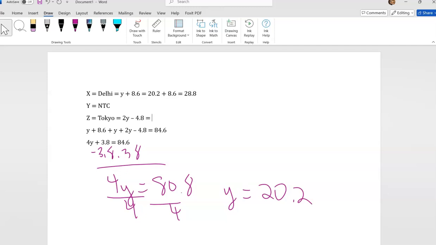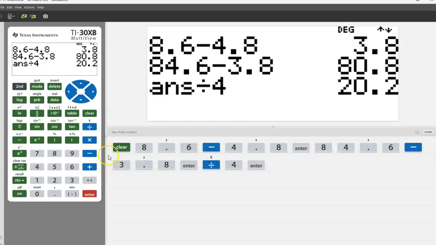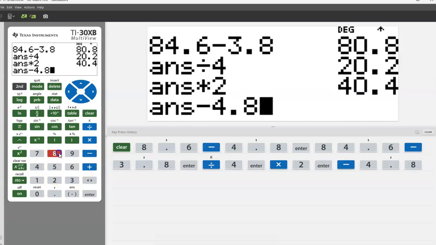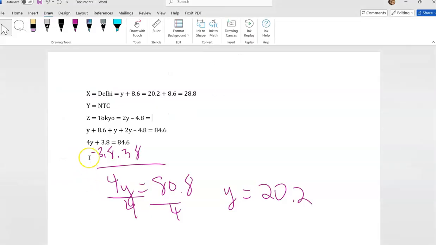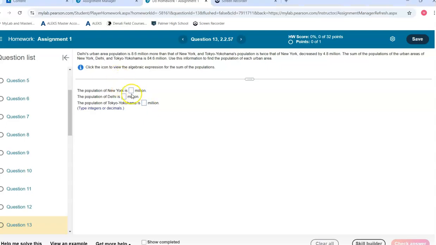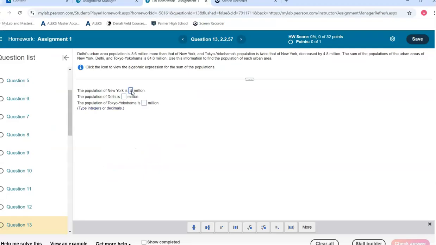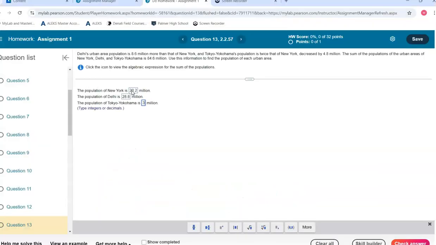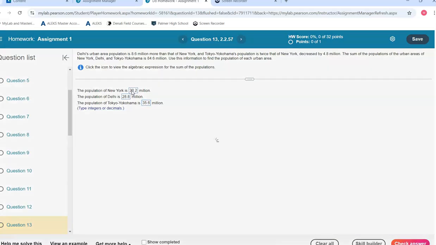This right here, I take 20.2, times it by 2, and subtract 4.8, and I'm left with 35.6. So now I can come over here. The population of New York we just said was 20.2, Delhi was 28.8, and this was 35.6.